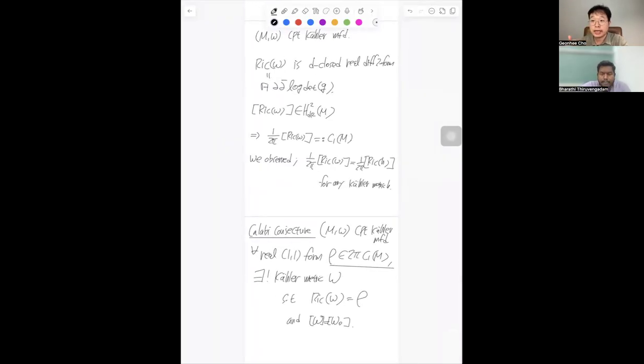So we should choose the element rho from c1(M) up to 2 pi. Is that okay with you? Any other questions or comments? I think this is the most important statement in complex geometry, in my opinion. Everything in this business initiates from this statement.